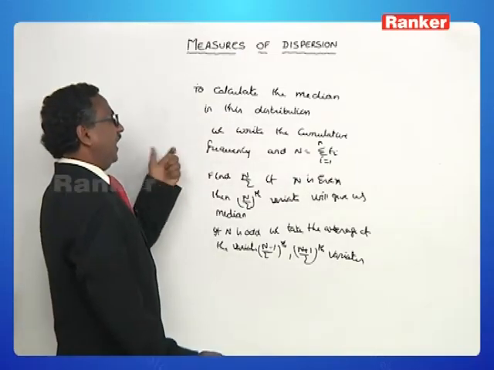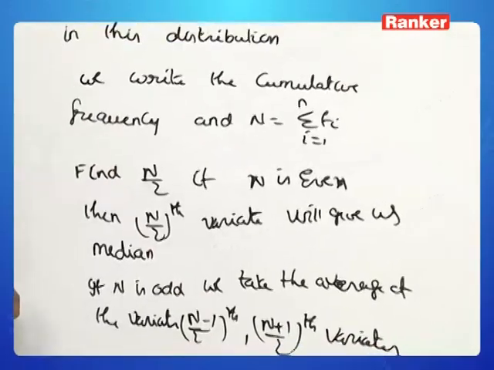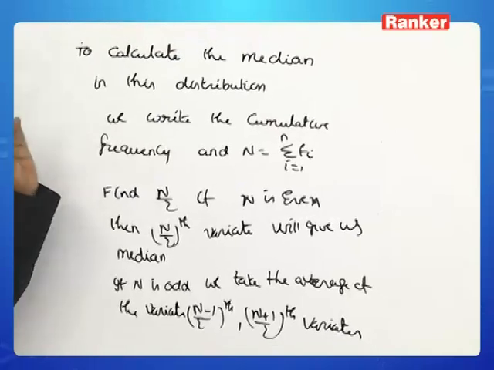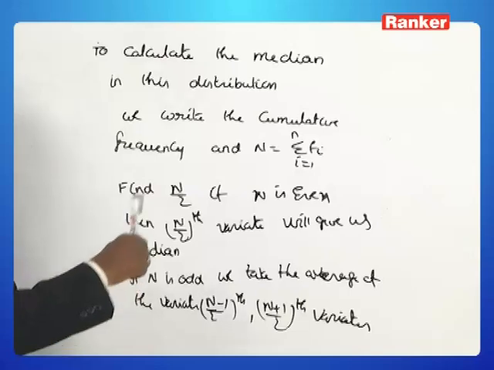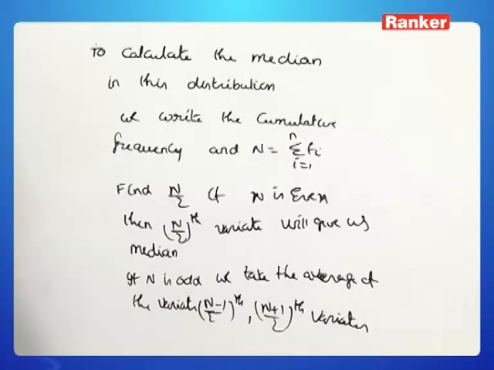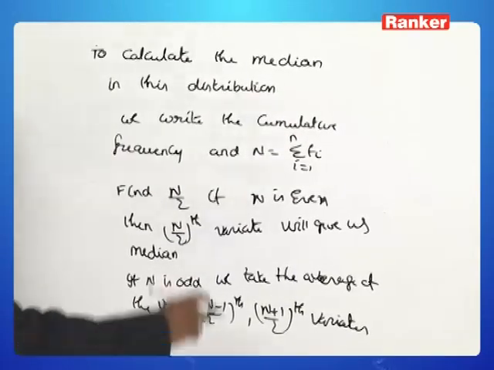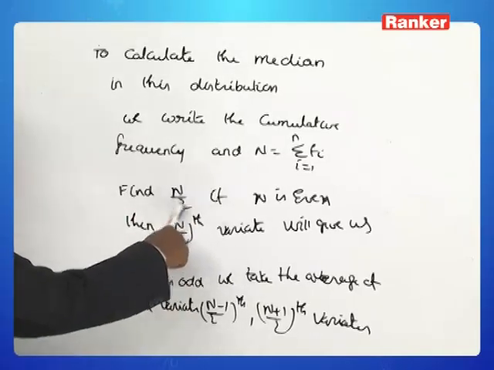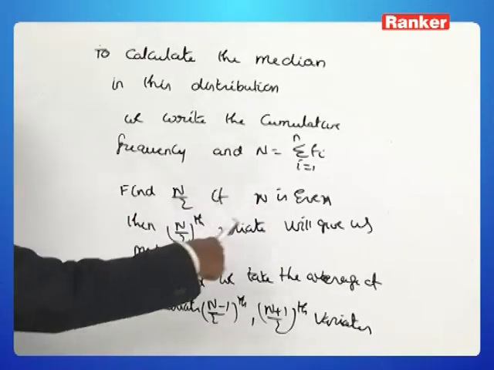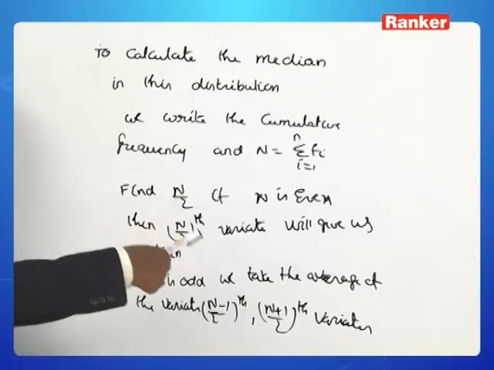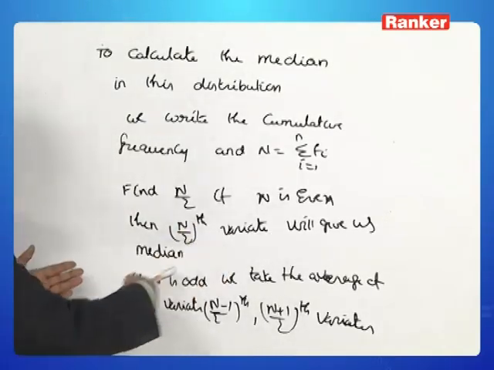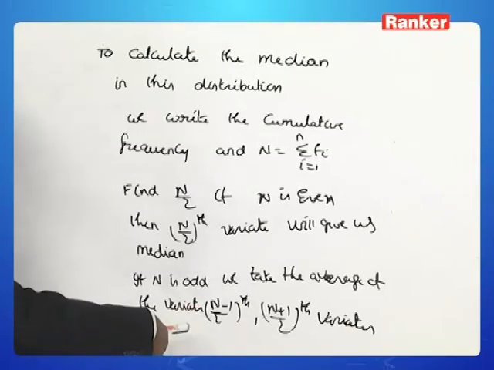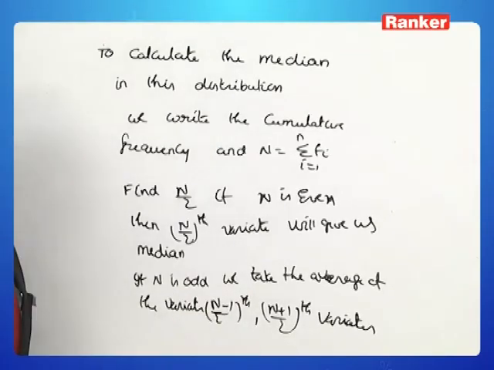So this is the way in which we calculate the median of this particular data. First we write the cumulative frequency, then n, which is sigma fi. You find n by 2. If n is even, the n by 2th variate directly will give the median, and the average of the variates can be taken if n is odd.